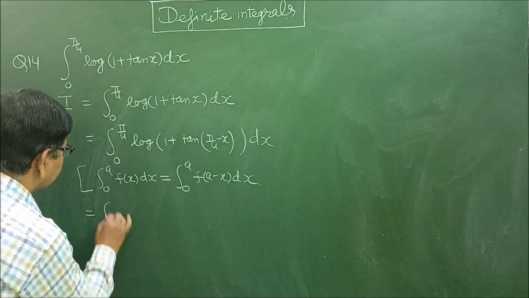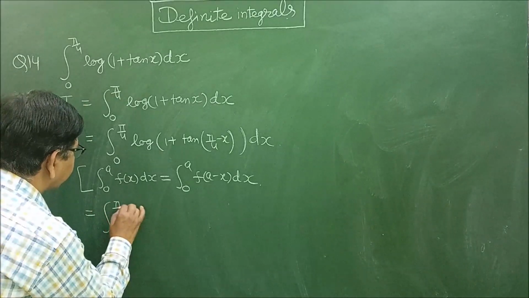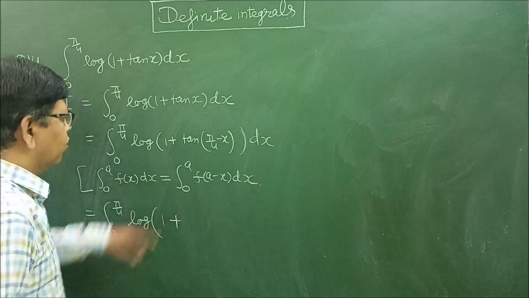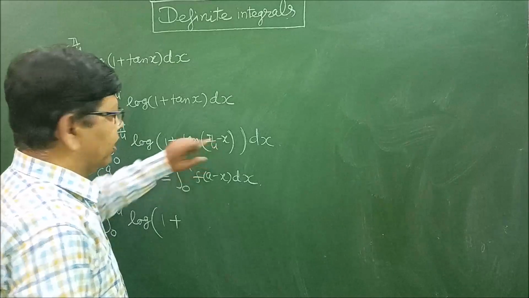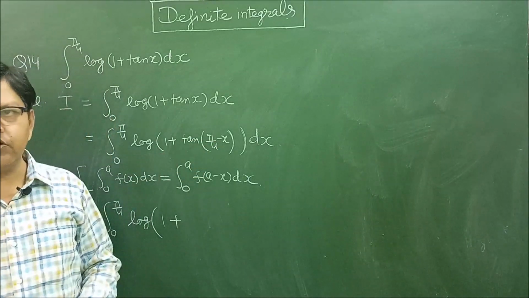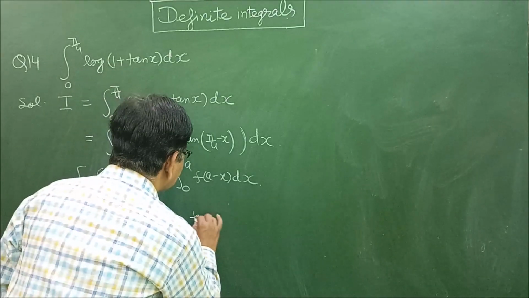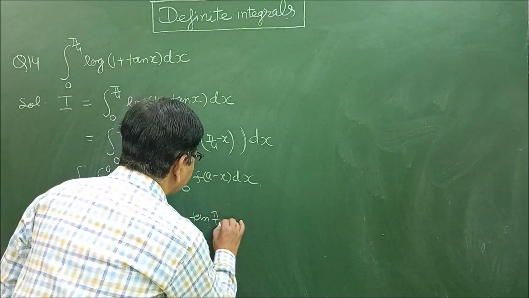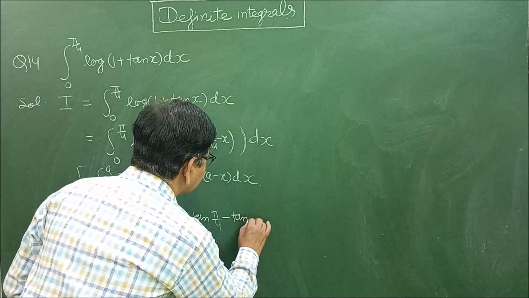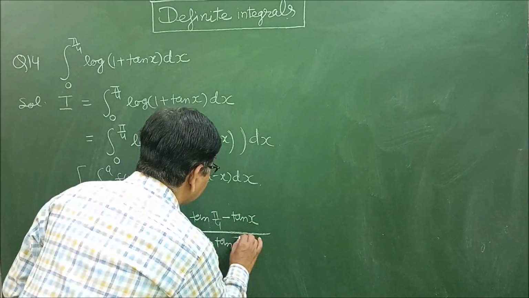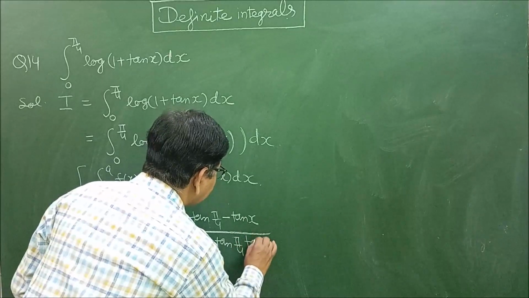So this definite integral is equal to the integral from 0 to pi by 4 of log(1 + ...), now using the formula of tan(a minus b). tan(a minus b) is equal to (tan a minus tan b) upon (1 + tan a tan b). So this is equal to (tan pi by 4 minus tan x) upon (1 + tan pi by 4 into tan x) dx.